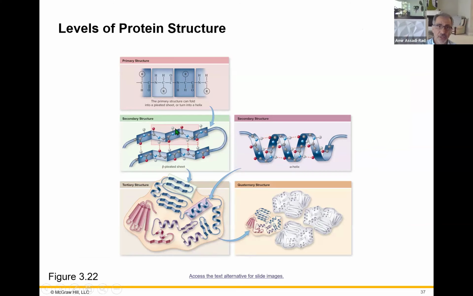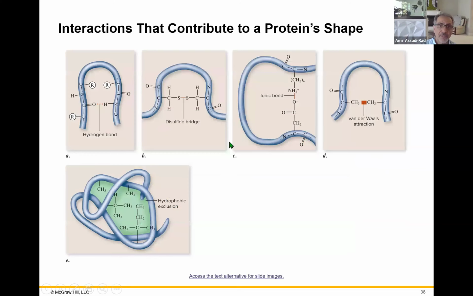Okay, interactive protein molecule. You might say, how does this fold? The folds are because of hydrogen bonds, because of disulfide bonds. You remember cysteine, we talked about it. They fold, they become helix, or they become pleated, or quaternary because of ionic bonds.